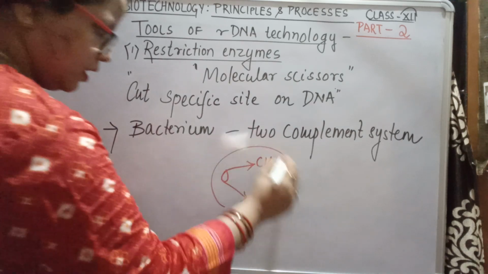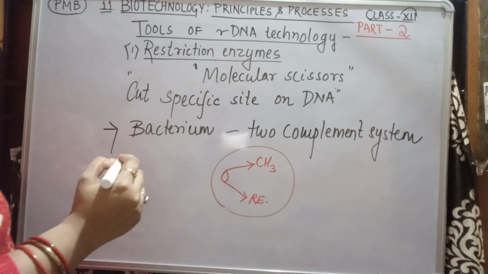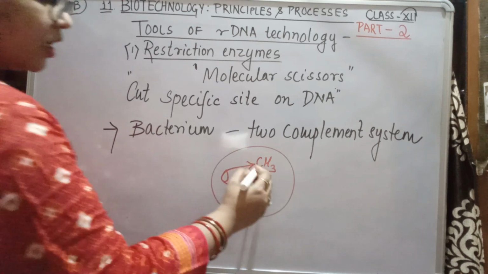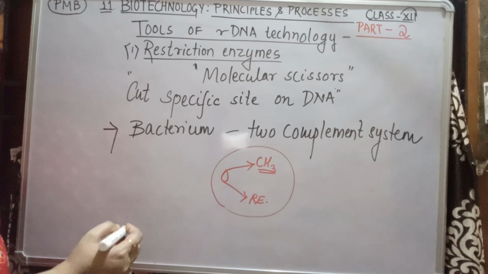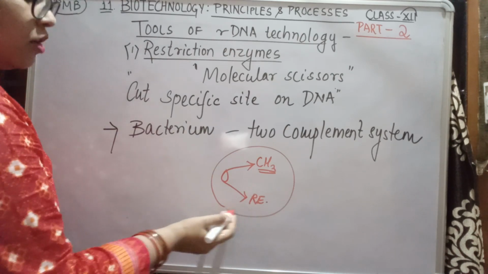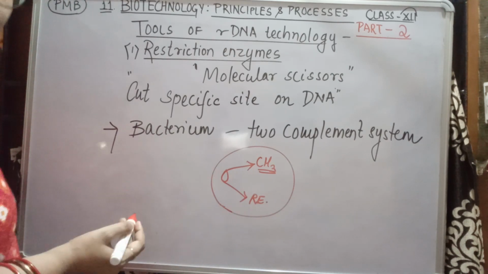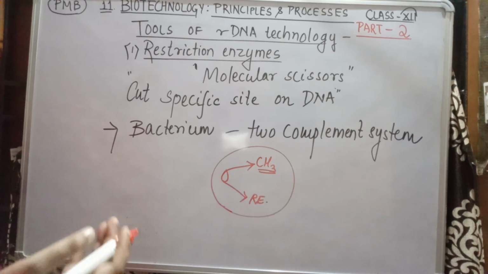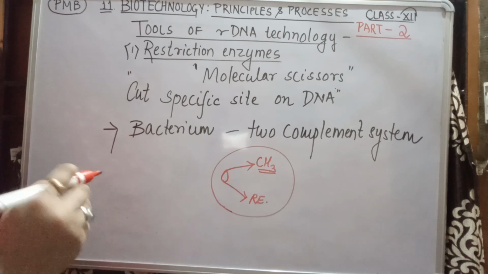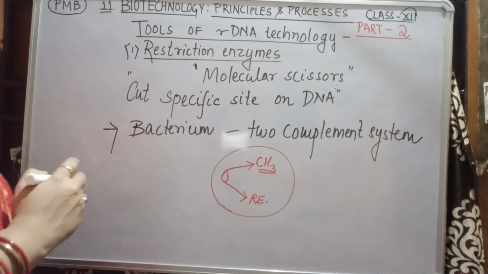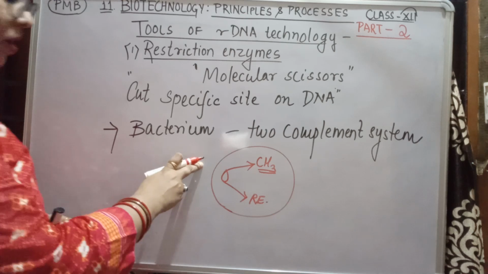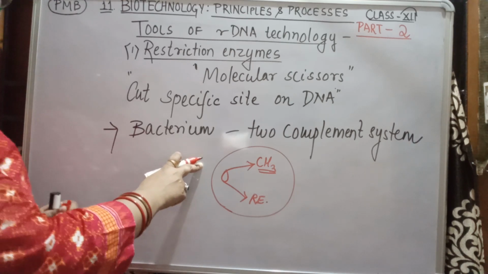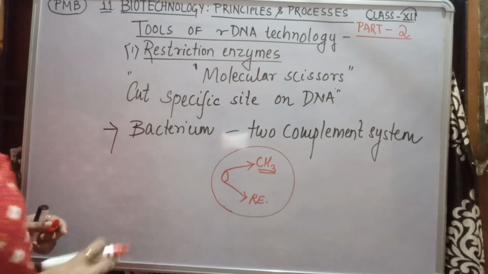This is inside every bacterium. This is called a two complement system, in which this methyl will help the restriction enzyme to know which one is the host DNA and which one is a foreign DNA. How it works we have already talked about, so you can click on the I button for it, otherwise just go for my last video, part 1 of this topic.